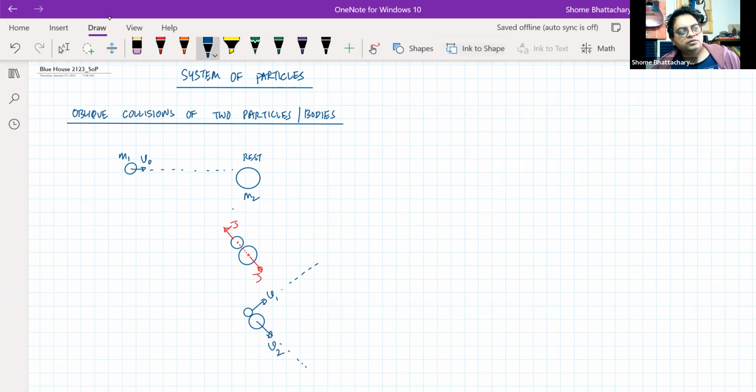In general, there will be conservation of momentum, but that will become a vector relation here. This is the initial momentum.